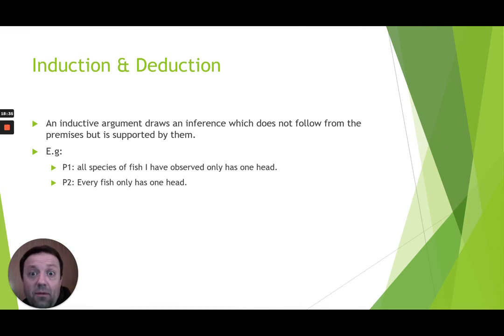Now, I'm sure you can see the problem. It would only take one example of a fish with two heads or more to scupper my belief that all fish only have one head. But that is known as the problem of induction.